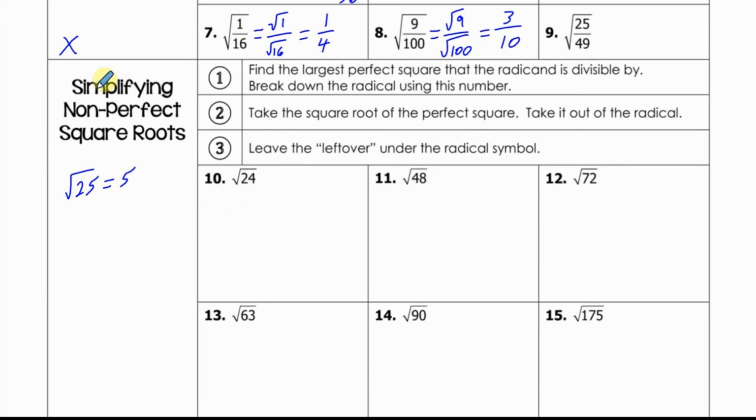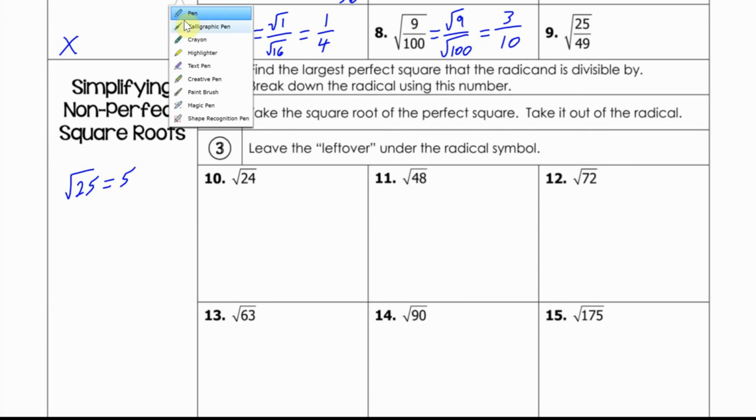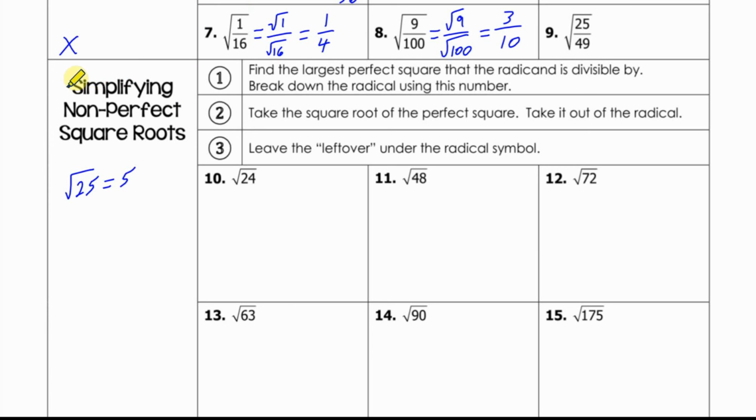What we want to do is, this is called simplifying. We want to simplify. And the best way that I've found for students to learn this is to break down the 24 to a factorization, factor tree.